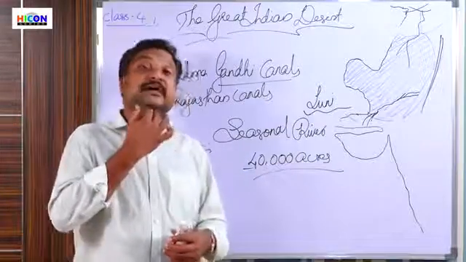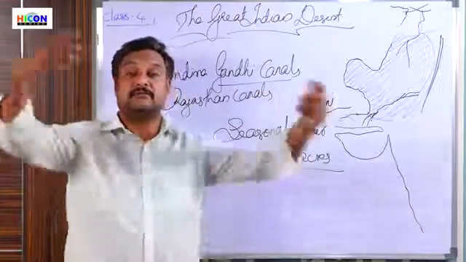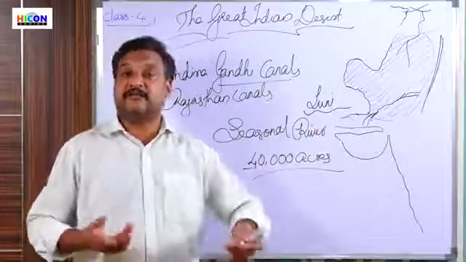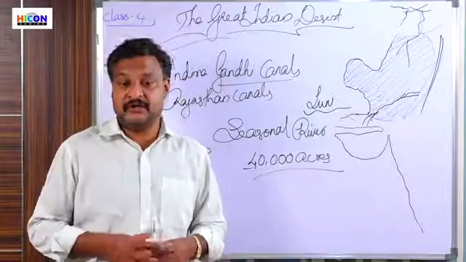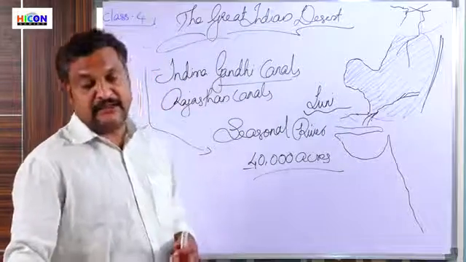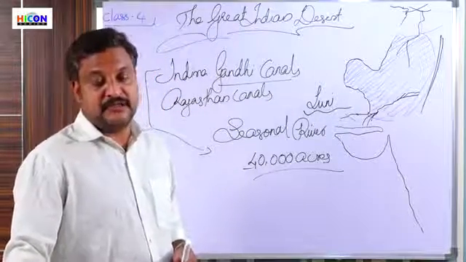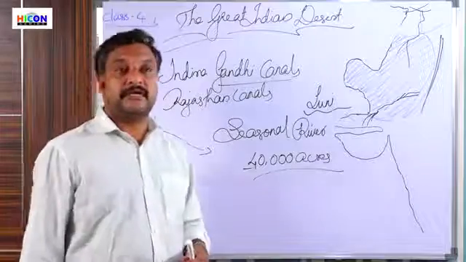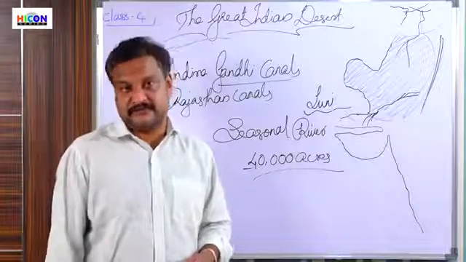In addition to that, there are the common, public areas which are also being irrigated by the canals. So now the Indira Gandhi Canal is trying to make agriculture possible in the Rajasthan region.